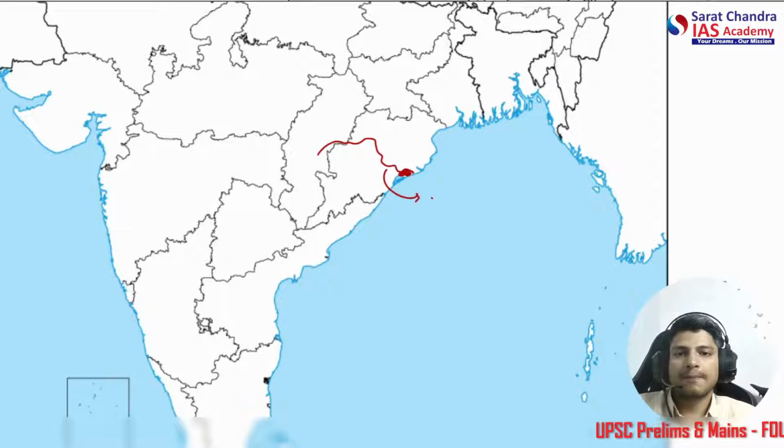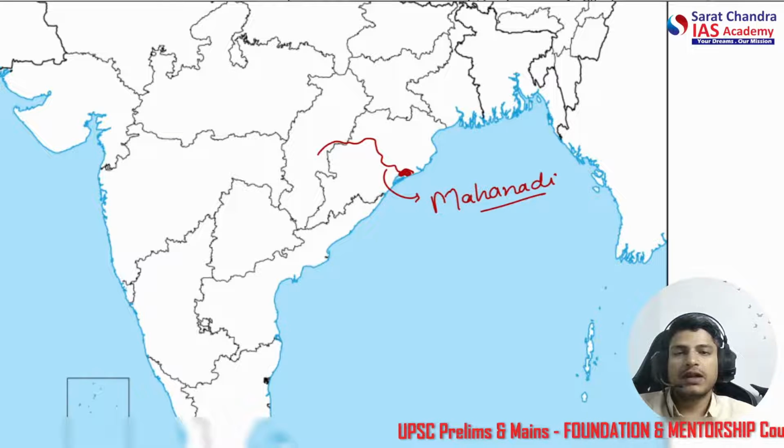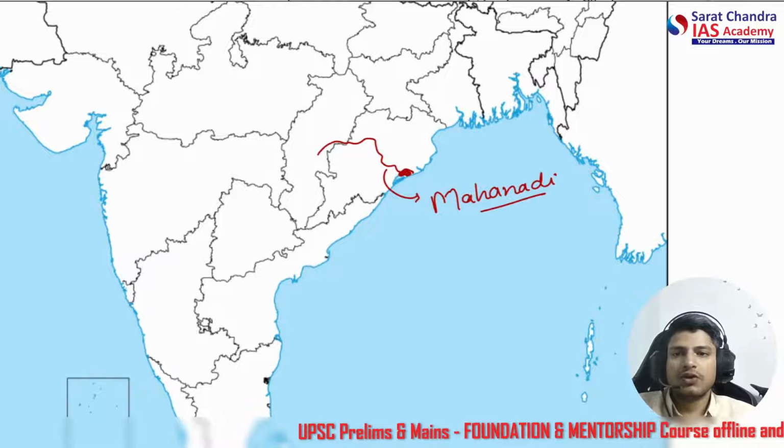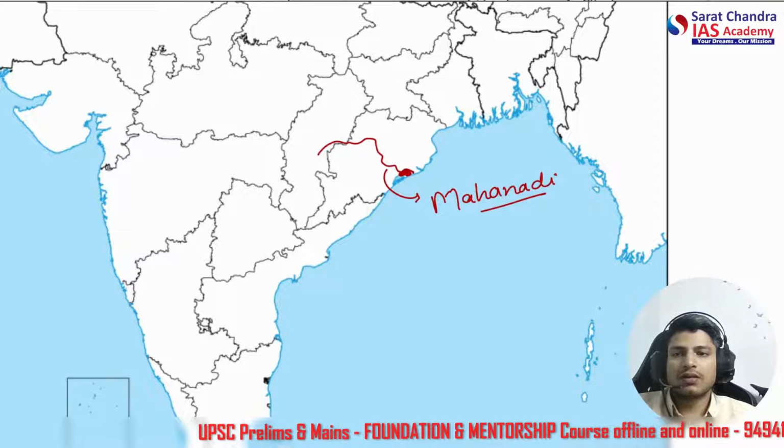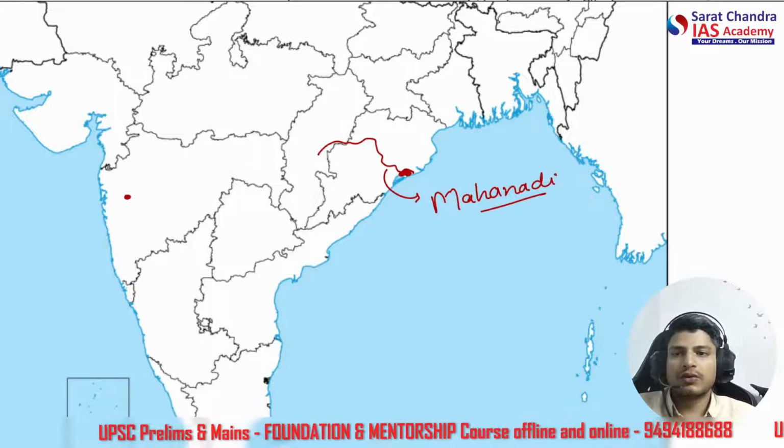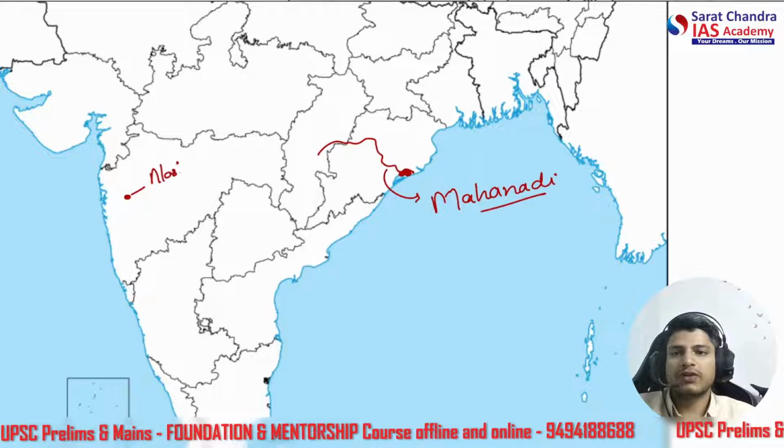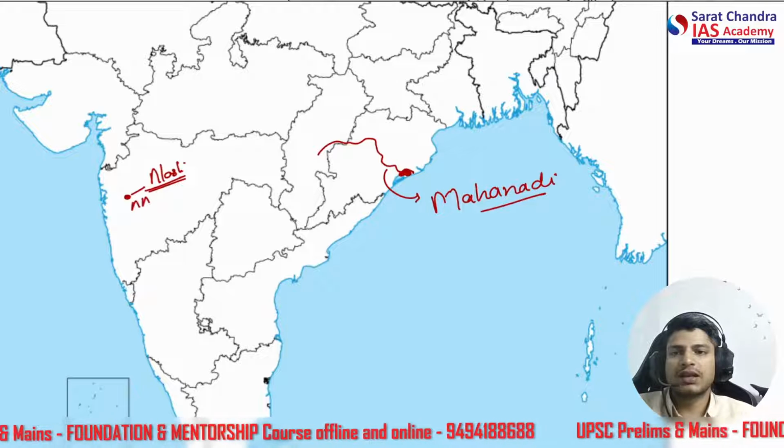Now we have this empty map of India. So what did we see? That Mahanadi is located here in this region. This is our Mahanadi. Now we are talking about the somewhere idea. The Godavari is located here in Nashik. It originates in the Nashik, Trambakeshwar mountain, Brahmagiri ranges.